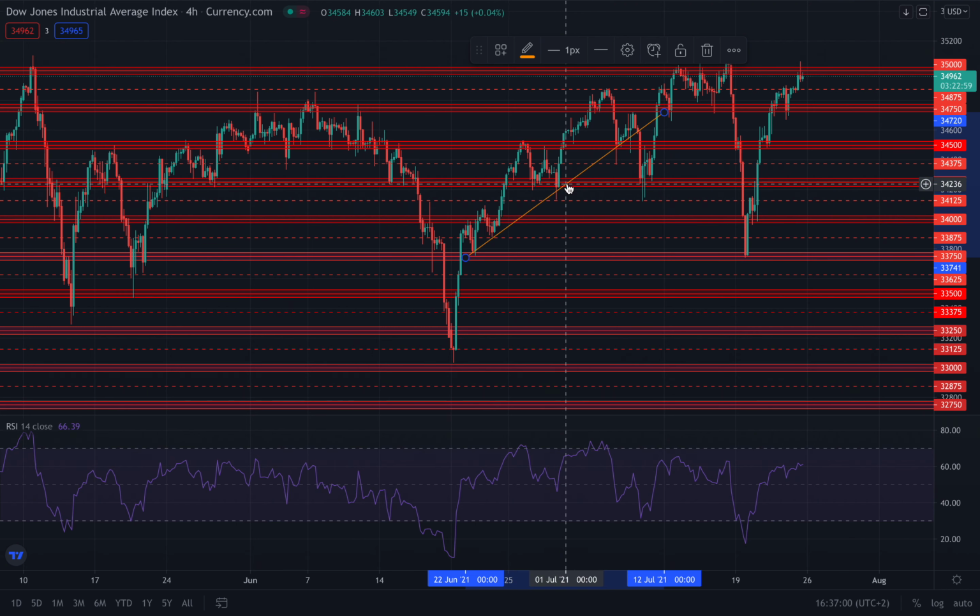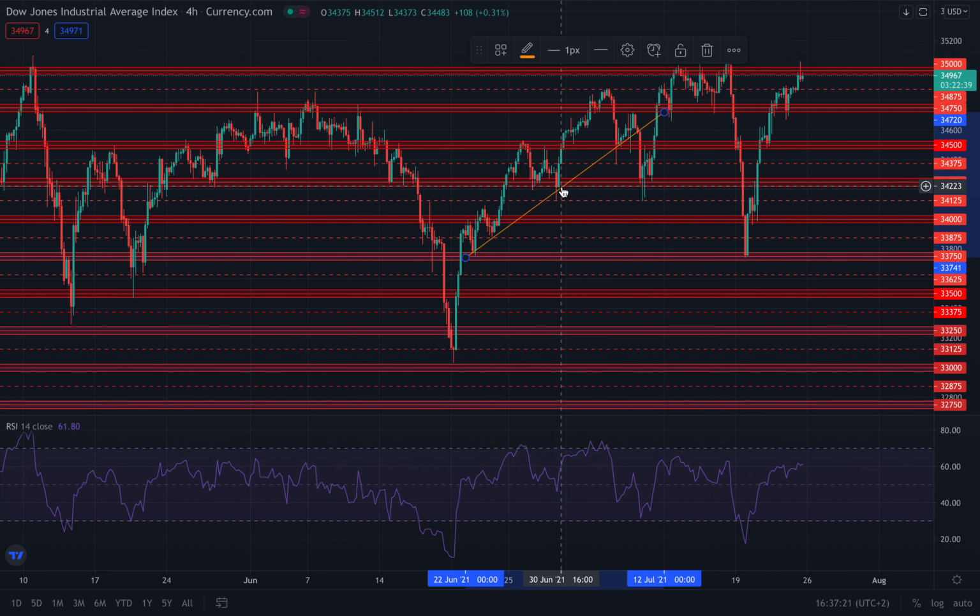But as you can see here, where the market touched the trend line, there is also a support level. So this is our support level, as you can see. So it bounced, it was rejected by the support level, not necessarily the trend line.